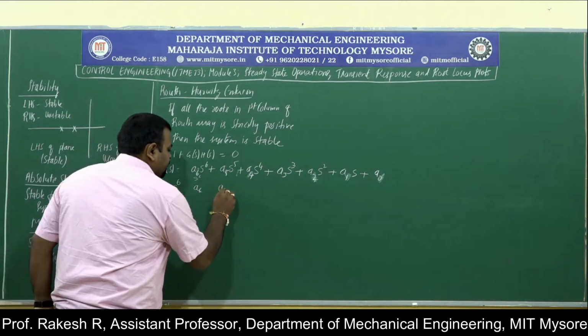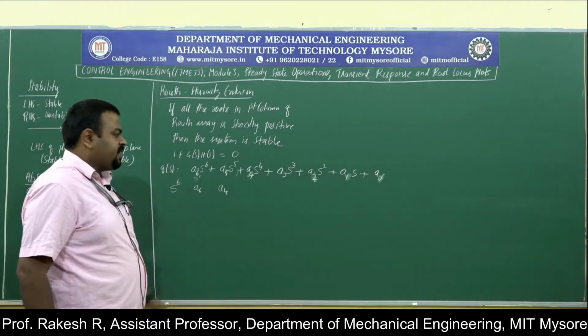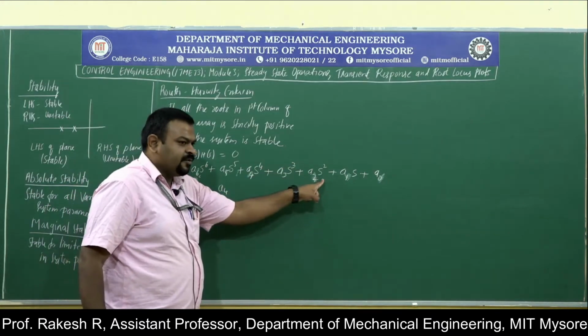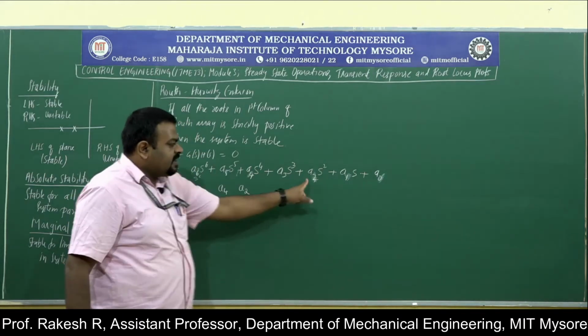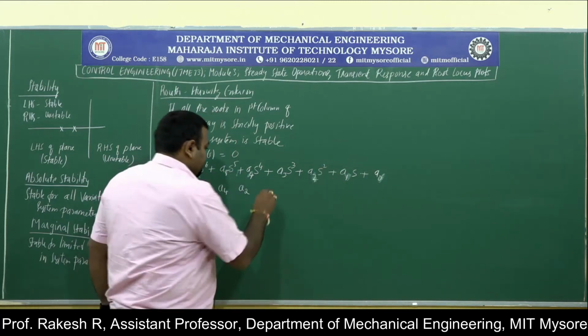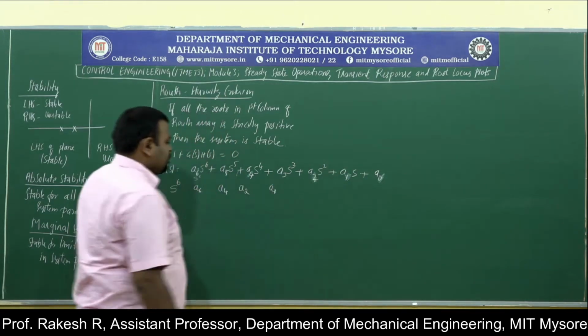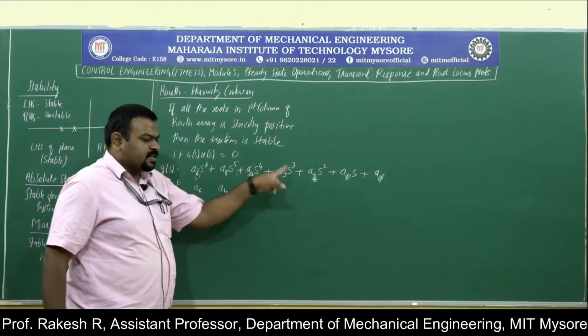It is a4. Then the next decreasing even coefficient is a2, the coefficient of s square. Then the next is the constant, which is a0. Then the even powers are completed.